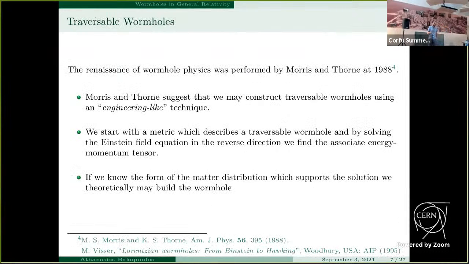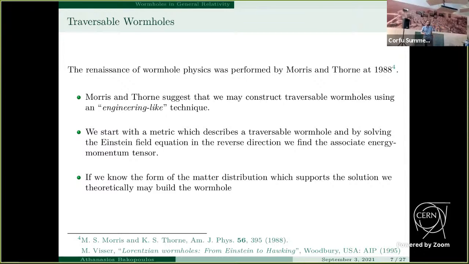The modern wormhole physics started with work written by Morris and Thorne. And in this, they suggest that we may construct traversable wormholes using an engineering-like technique.